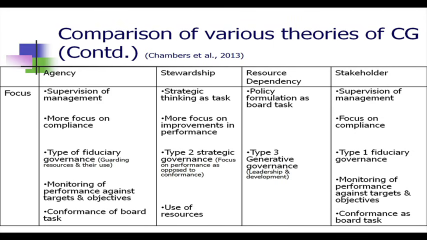The next one is the focus of board activities or corporate governance. If we look at corporate governance from the agency lens, then the board is required to supervise the management. There is more focus on compliance by the management than running the organization. The management is expected to comply with the decisions taken by the board.